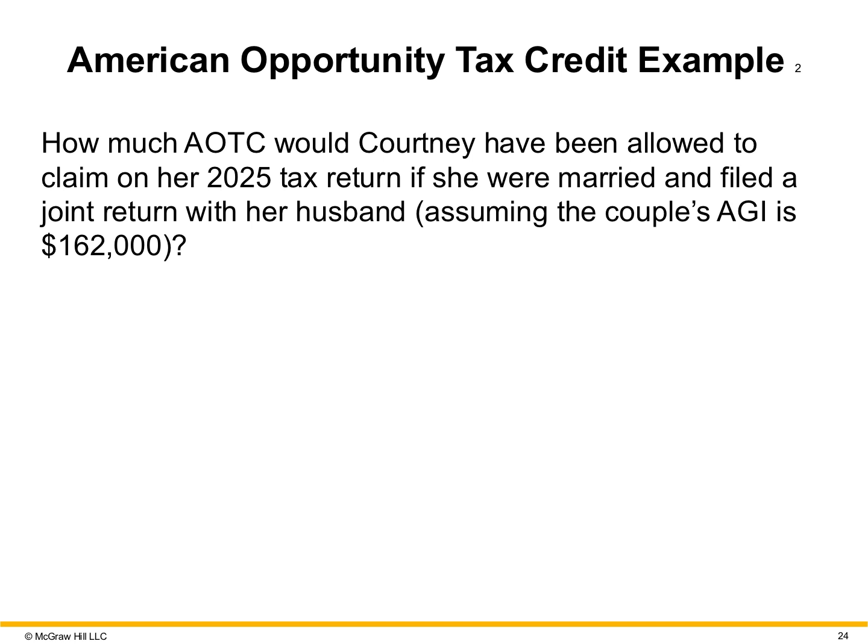We calculated that in the previous slide as $2,075. Then we will want to take our AGI and compare it to the phase out threshold. Our AGI in the problem was $162,000, and the phase out threshold is $160,000.